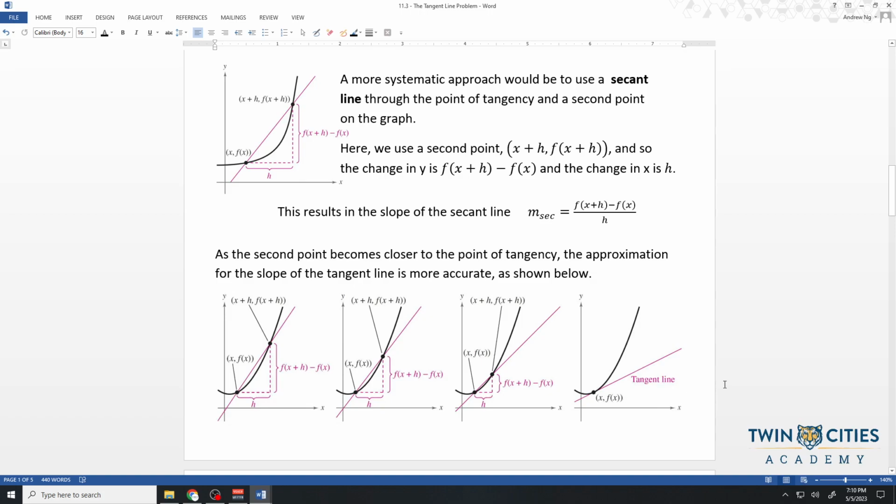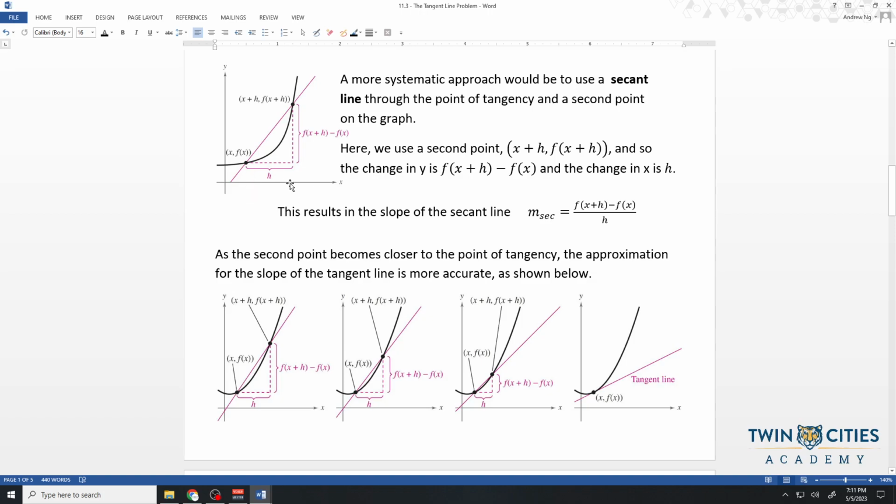Remember, the tangent line only goes through a single point. The secant line goes through 2 of these points. So this second point is going to be h units away. And if the second point is h units away, then the function for the second point would be f of x plus h, if the first point is just my x and then f of x.